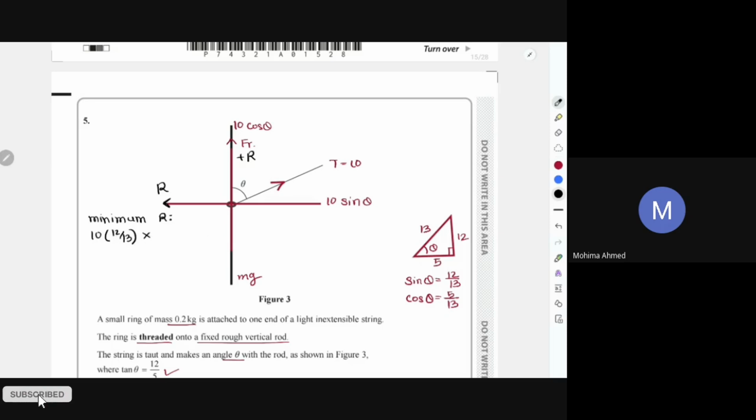Sorry, the resultant force equals 0 in the horizontal plane also. And then the resultant force is going to be the reaction force, so R minus 10 sine theta equals 0. Sine theta is, by the way, 12 by 13, so you get your answer as 120 by 13.